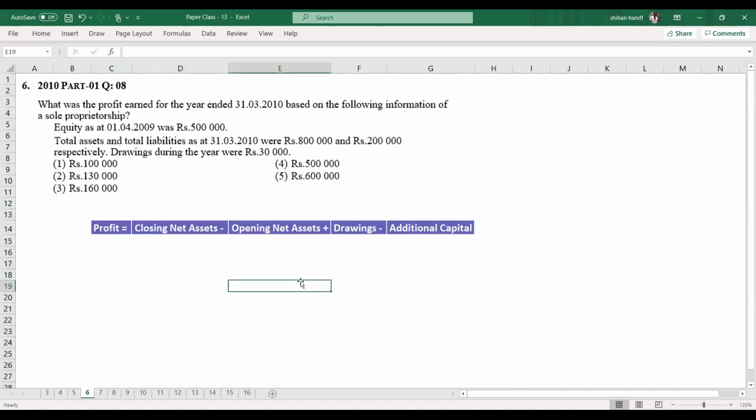So this is the equation in order to calculate the profit. Profit equals closing net asset minus opening net asset plus drawings minus additional capital.